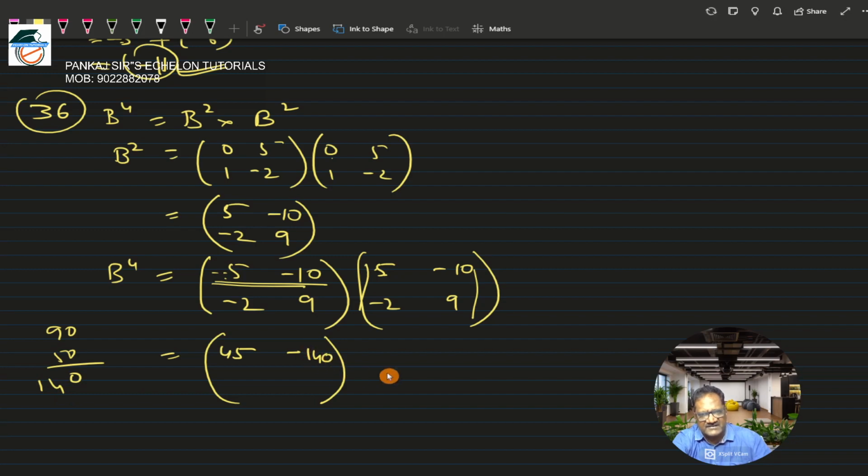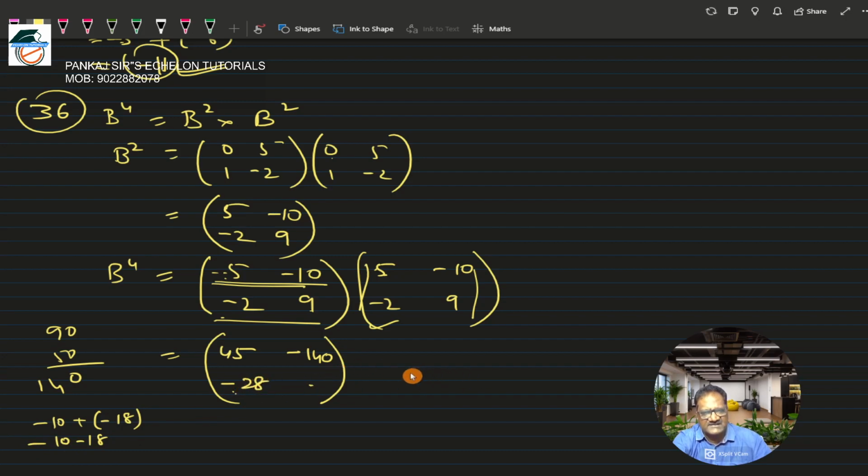So this will be minus 140. Okay. Now this position will be second row, first column. So minus 2 into 5 will be minus 10 plus 9 into minus 2 will be minus 18. So minus 10 minus 18 is nothing but a minus of 28.